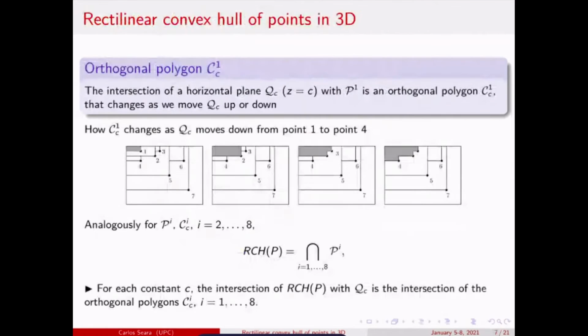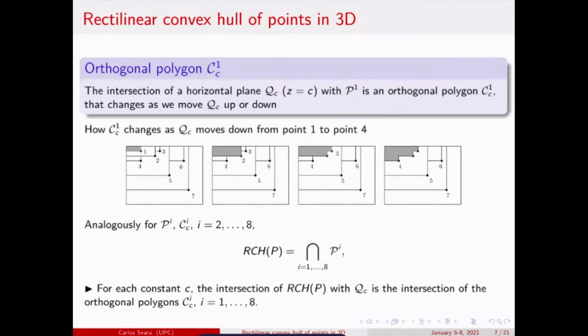Next slide, please. With a horizontal plane, what you get is this orthogonal polygon.